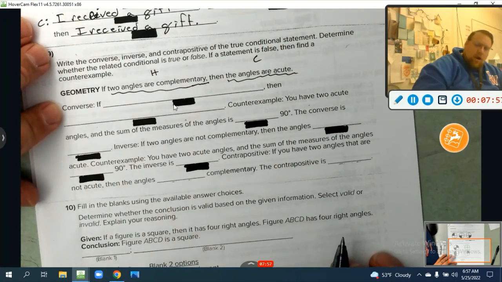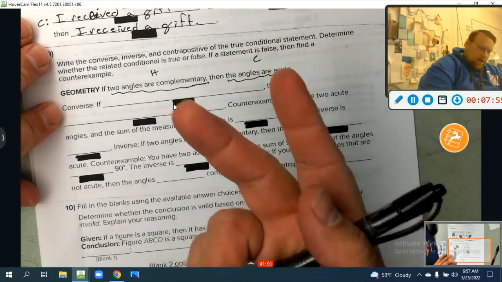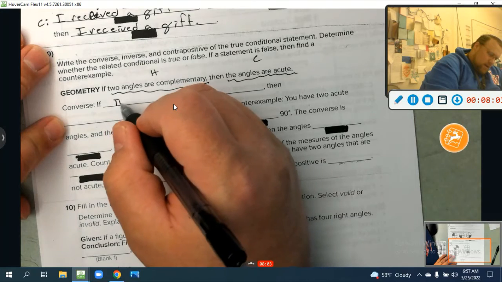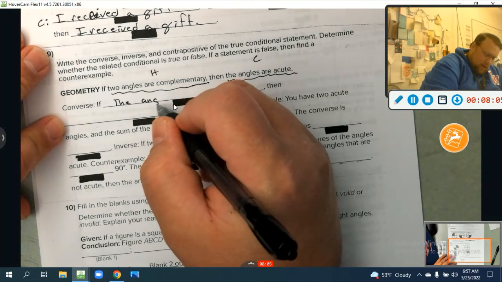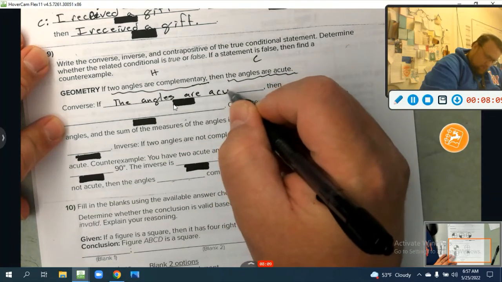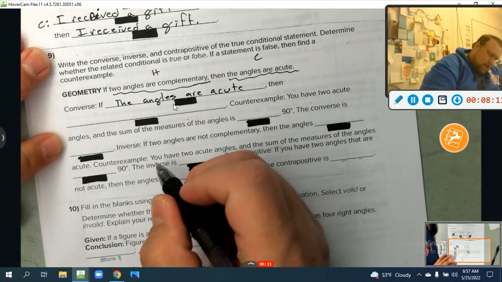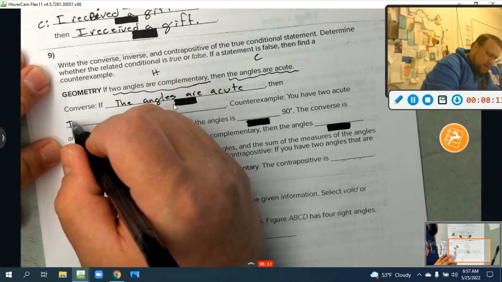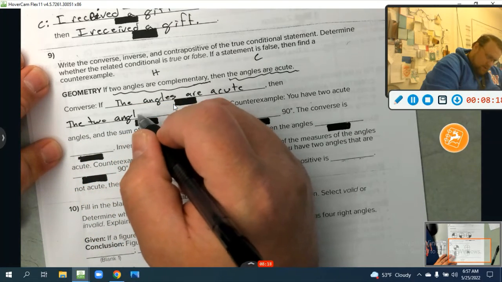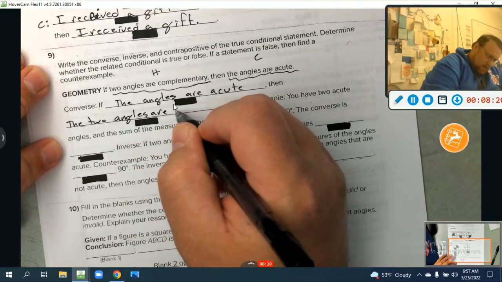So we want to write the converse, which means we're going to flip them around. Converse: if the angles are acute, then the two angles are complementary.